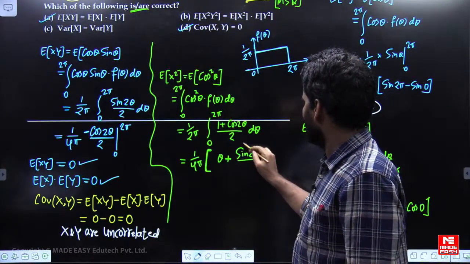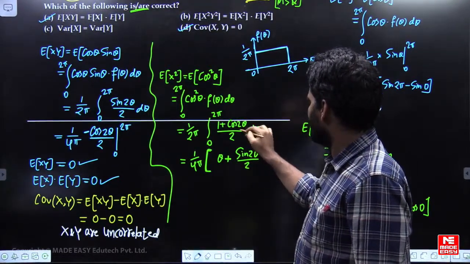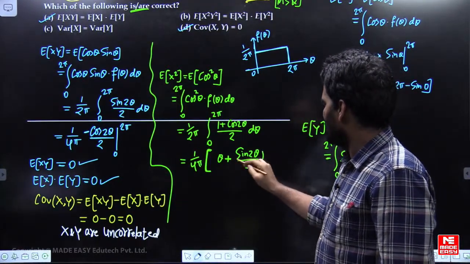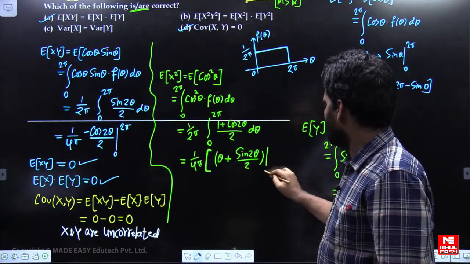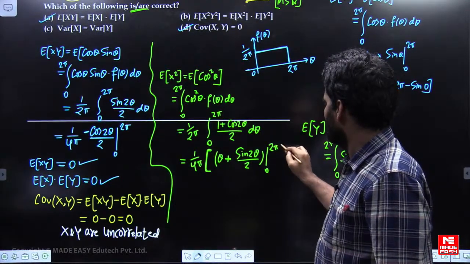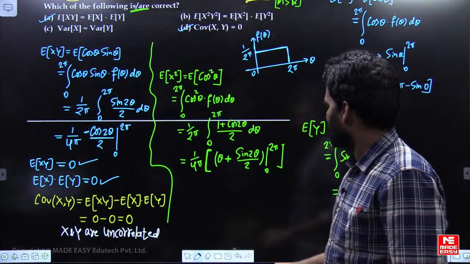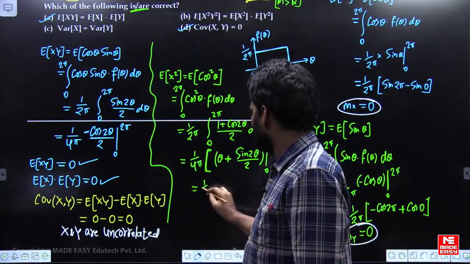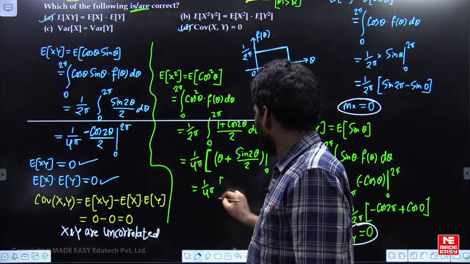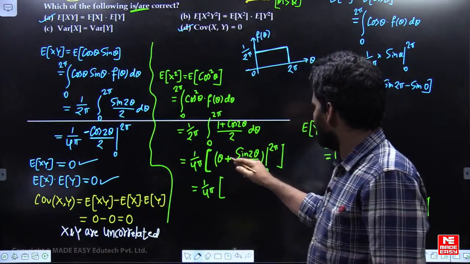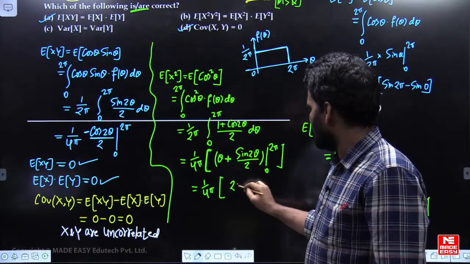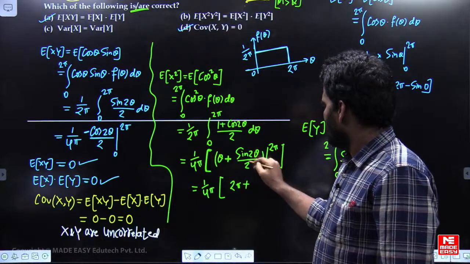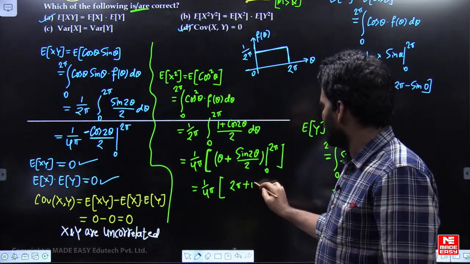Sine 2 theta upon 2, since the differentiation of this argument with respect to theta is 2, and the limits will be 0 to 2 pi. If you substitute the upper limit, in place of theta we put 2 pi, plus sine 4 pi, and sine 4 pi is 0 only.